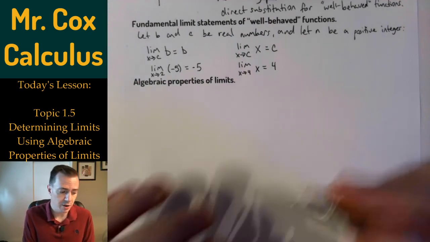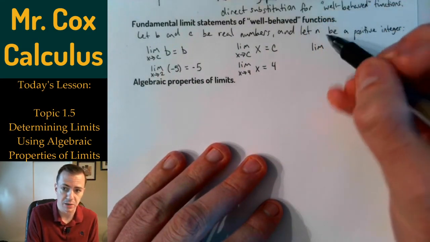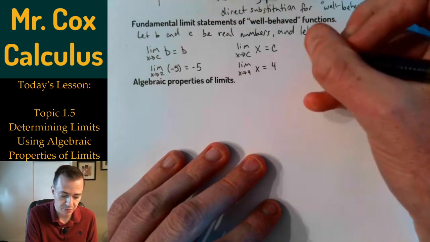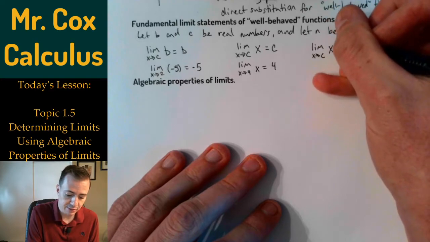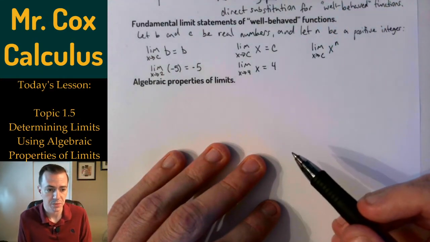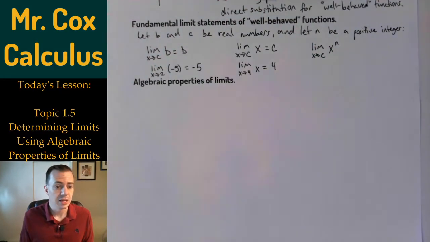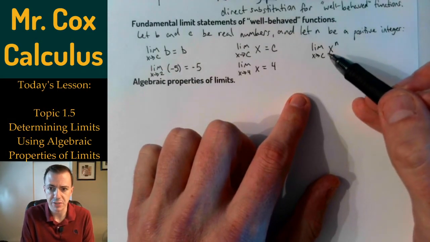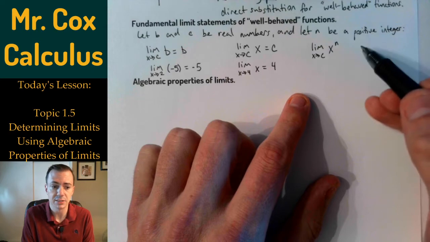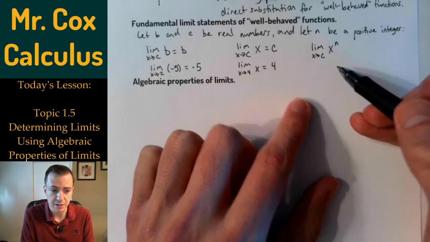The third and final building block, let's throw some exponents and some powers into it, and that's where n is going to help us out here. So the limit as x approaches C of x to the n power. So again, as long as n is a positive integer. Now, if we had a rational power right here, we might have to address some things, but as long as n is a positive integer, remember, if it was a negative integer, it would be putting x down into a denominator.